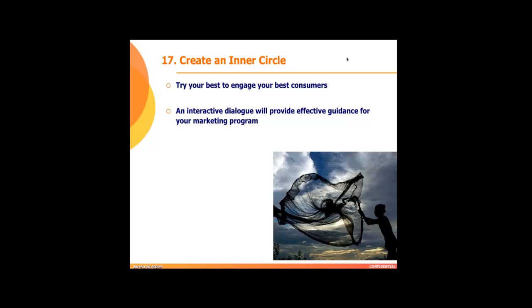And I add those people to being part of my inner circle so that when I put my first campaigns out, I include my inner circle of consumers, and they're the ones that are giving me feedback.